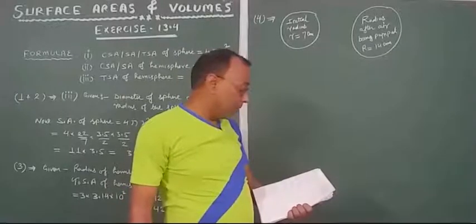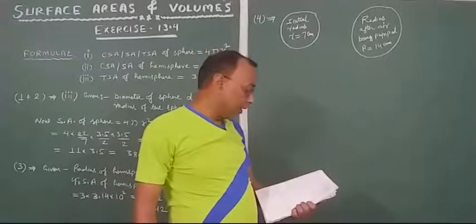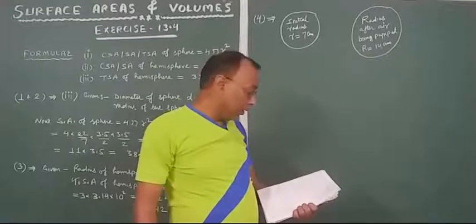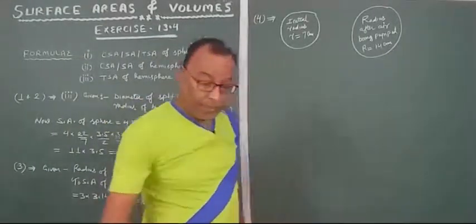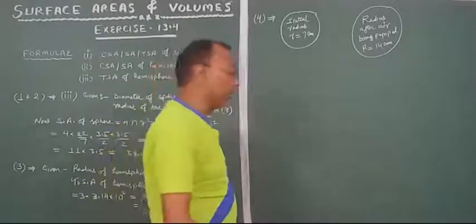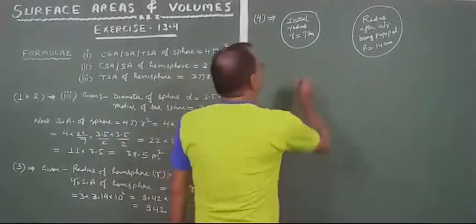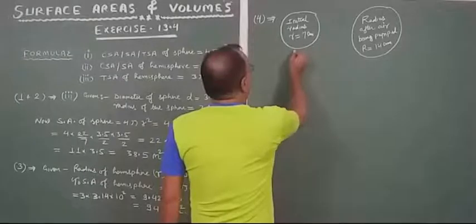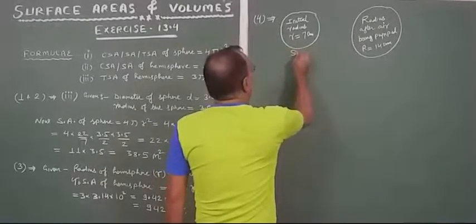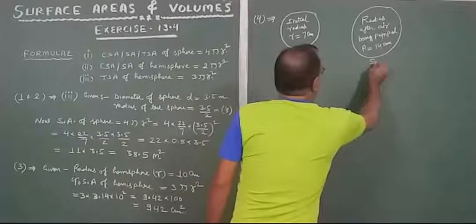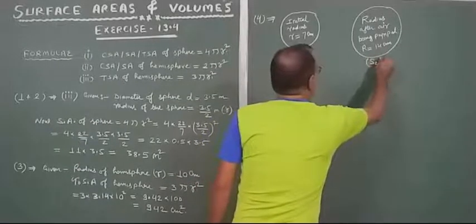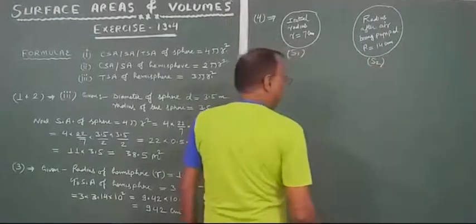The question is to find the ratio of the surface area of the balloon in two cases. Suppose this is the surface area S1 initially, and after the air being pumped, the surface area is S2.